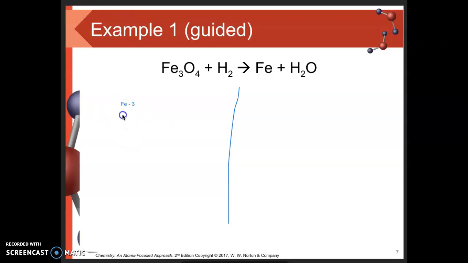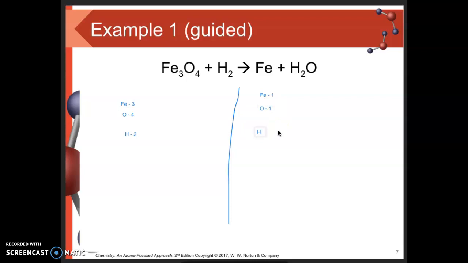I've got oxygen, 4 of them. I've got hydrogen, 2 of them. And on the product side, I've got 1 iron. I've got 1 oxygen.